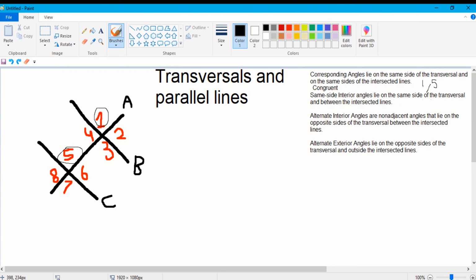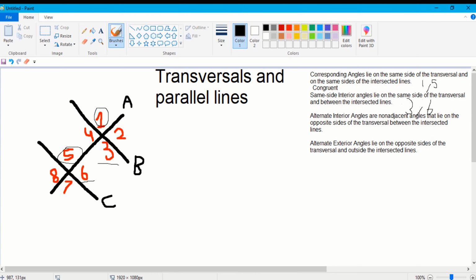So same side interior angles include 3 and 6. So we'll just write 3 and 6, and these two angles are supplementary.